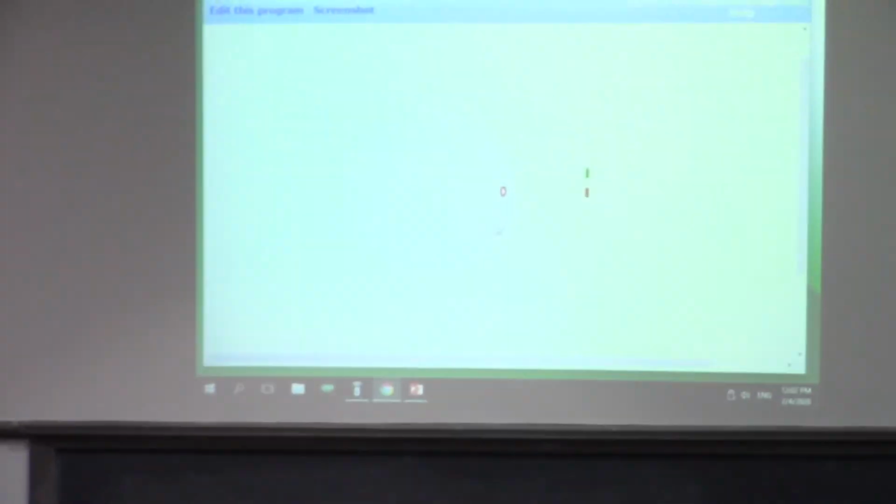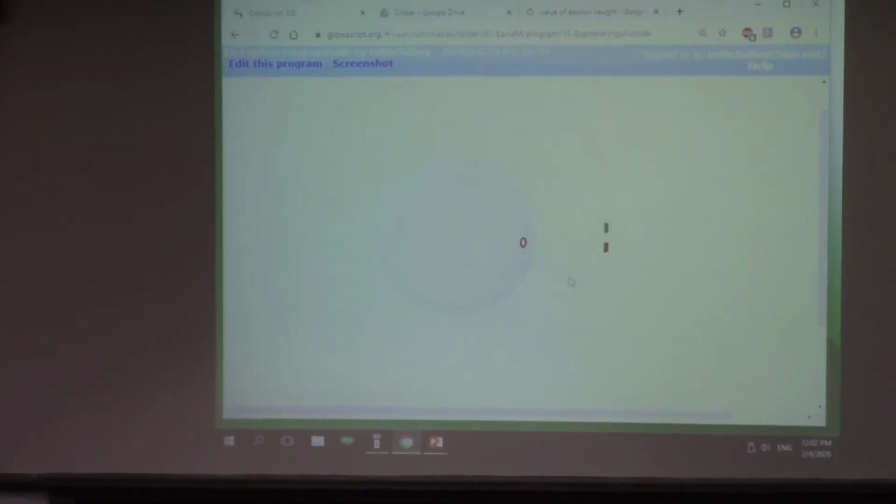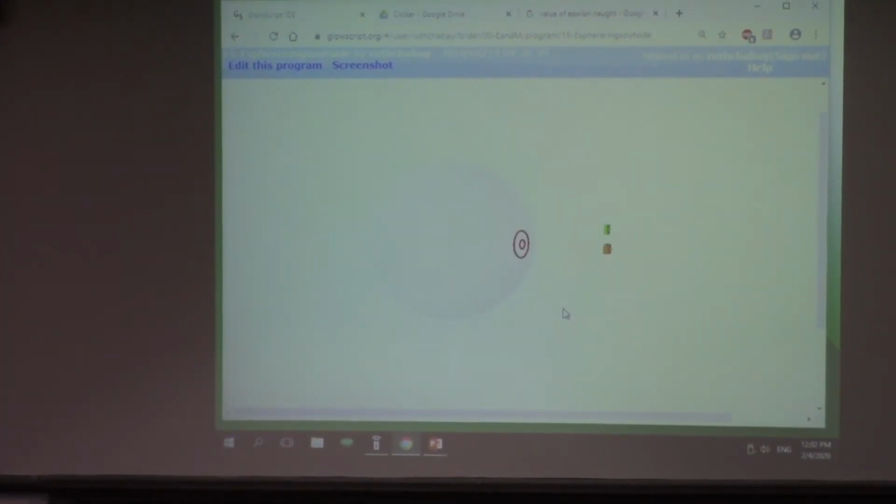So basically the theory is, here's a ring, and there are two arrows here. The orange arrow is the net field at that location, and the green arrow, which is offset, is the contribution of this ring. It really should be in the same location, but then we couldn't see it, so we've just moved it off here.